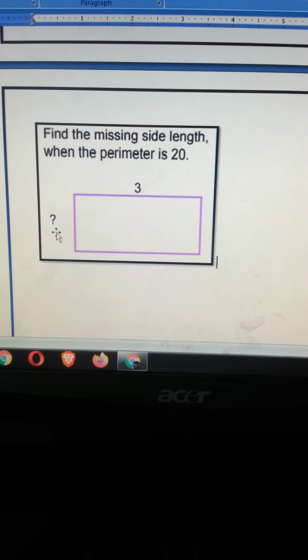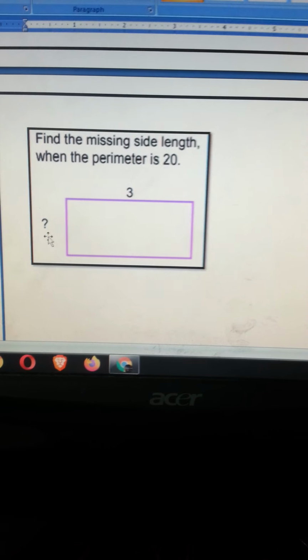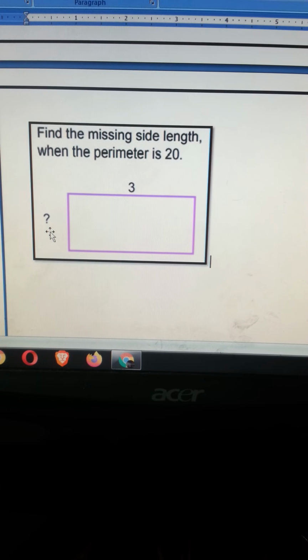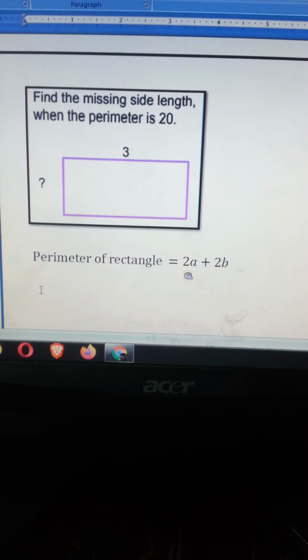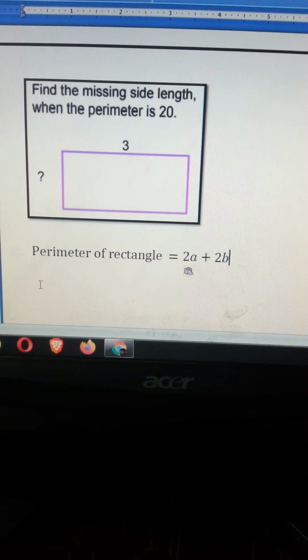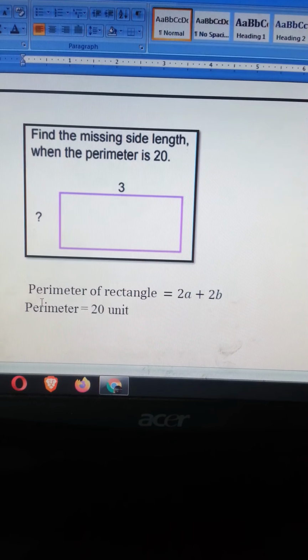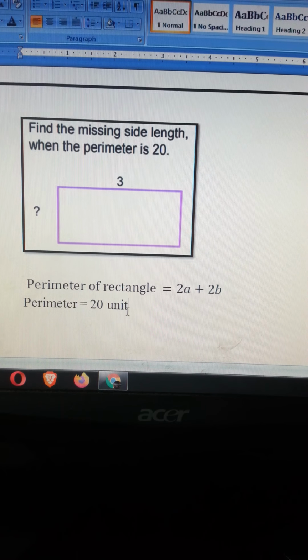You know very well that we just add the numbers to get the perimeter. So we are going to write the formula first. This is my formula. I have written it as twice of A plus twice of B. Any confusion? From the question we can see that the perimeter is equal to 20 units. Okay.